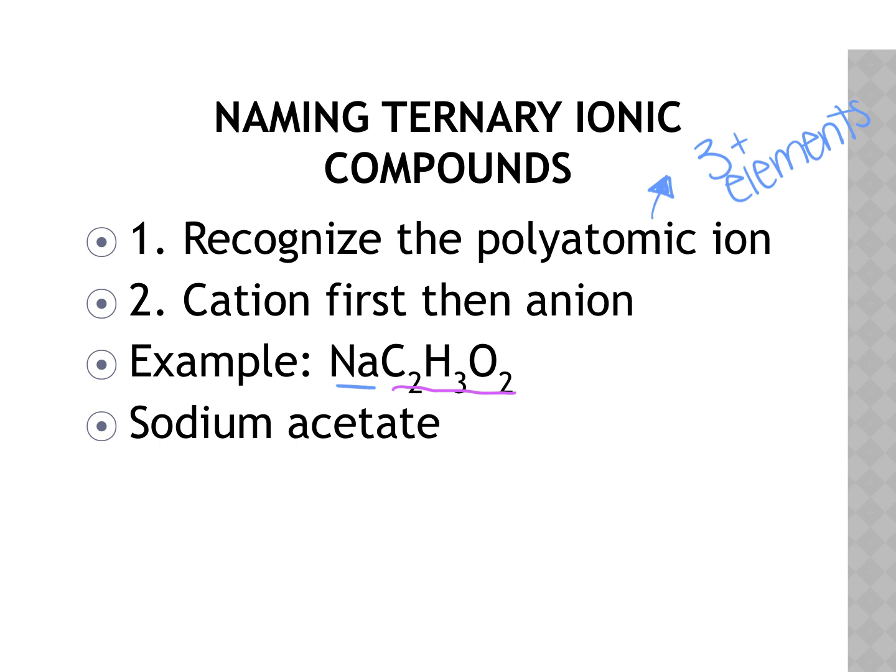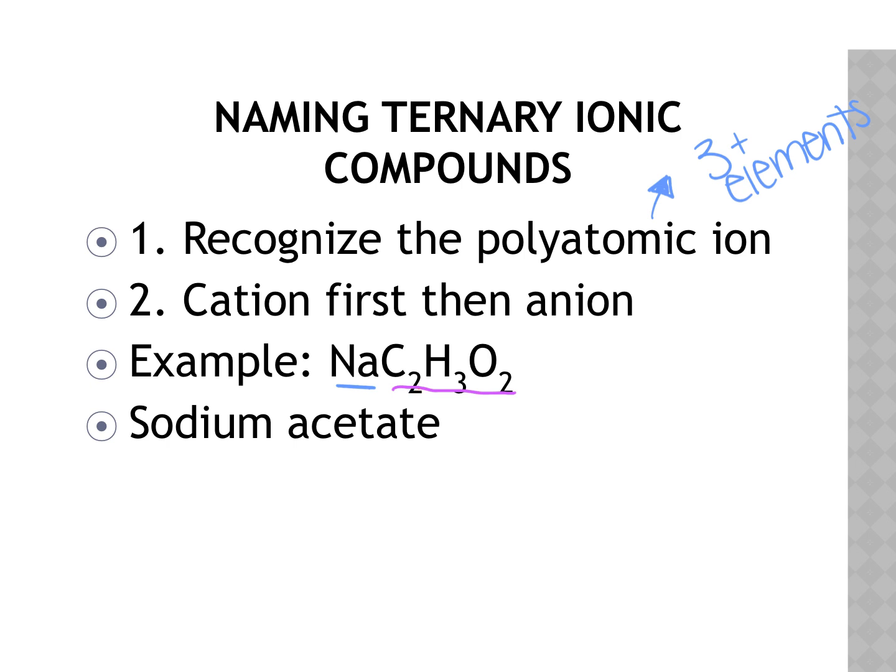And then now we just name it. What's the name of Na? Okay, sodium. And then that question you have to ask yourself, is sodium a transition metal? Okay, no. So do you have to put the charge in parentheses after sodium? Okay, no. And then next, the other half is C2H3O2. So that's your indicator to polyatomic ion.